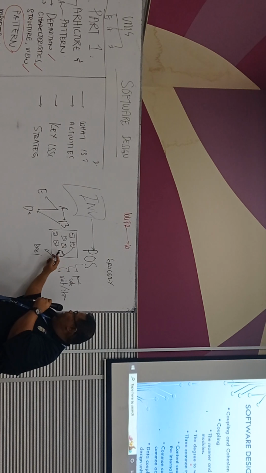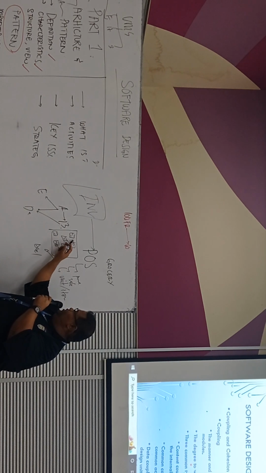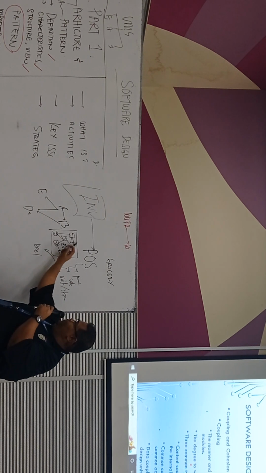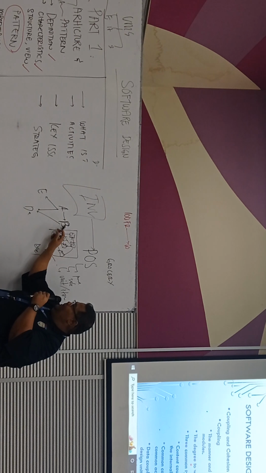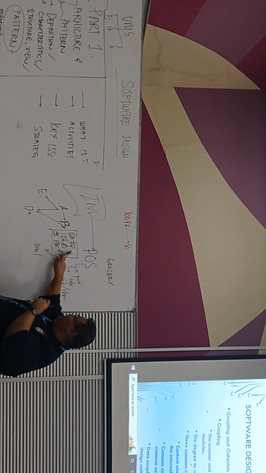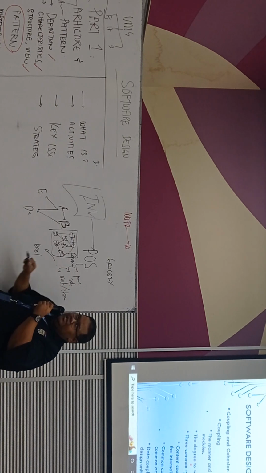But the classes talk like madmen, with no specific rules that they follow. But all of them are working together to achieve the objective of B. So this is called high cohesion.